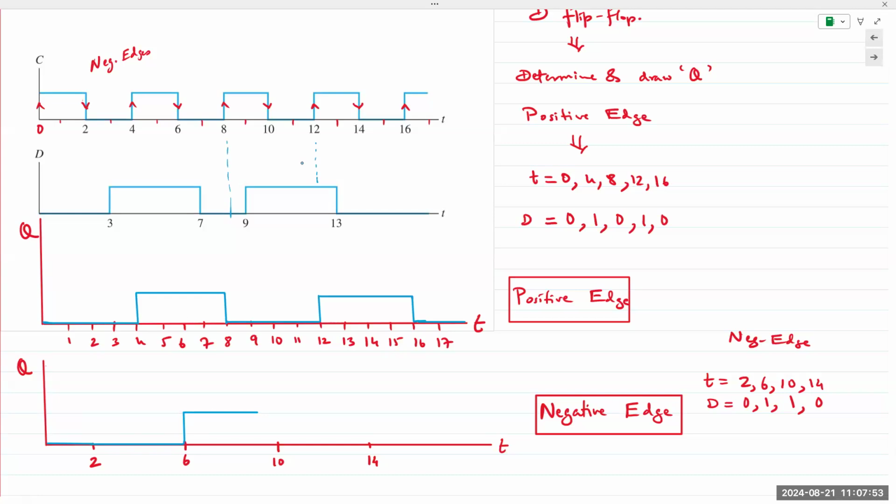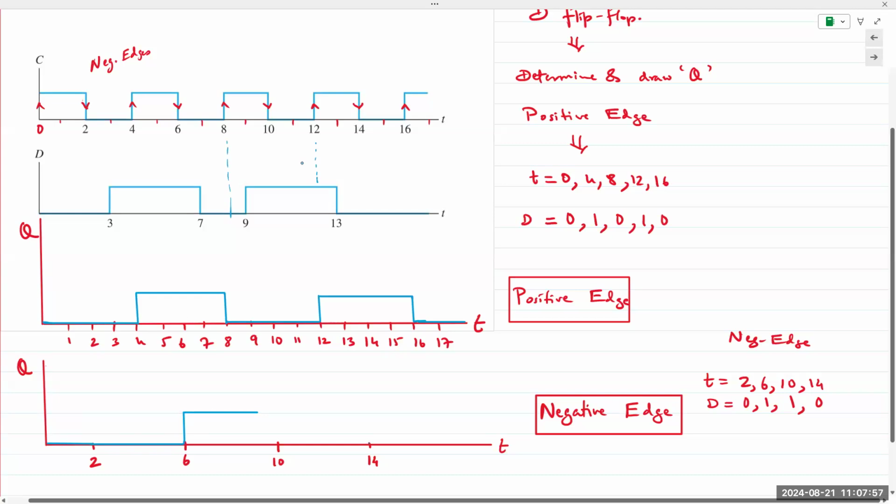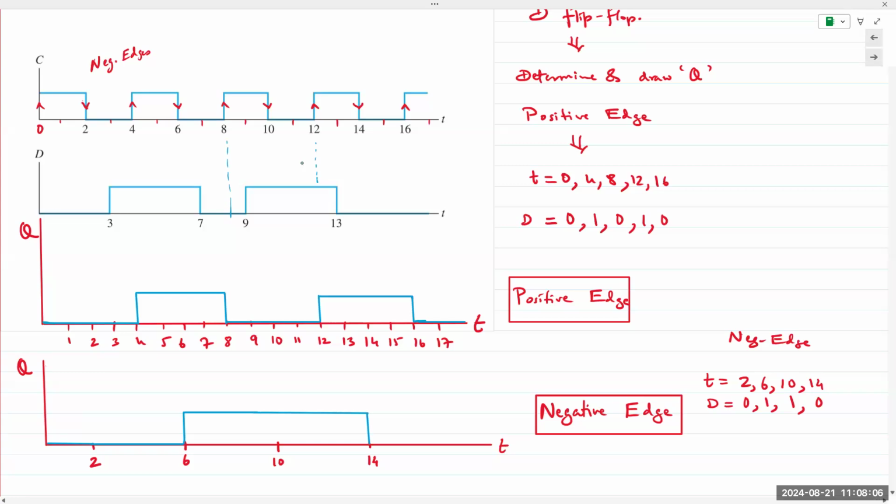The next negative edge is at 14. At 14, the D value goes to 0. And so it should look something like this. After 14, the value remains at 0. And that's the answer for Q for a negative edge triggered flip-flop. Make sense?